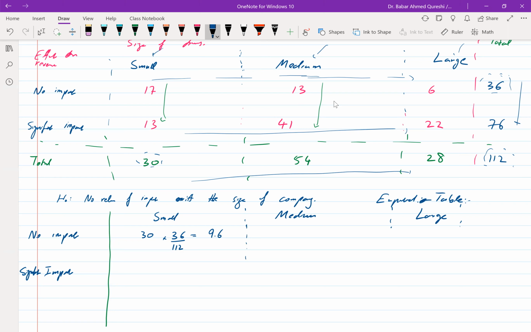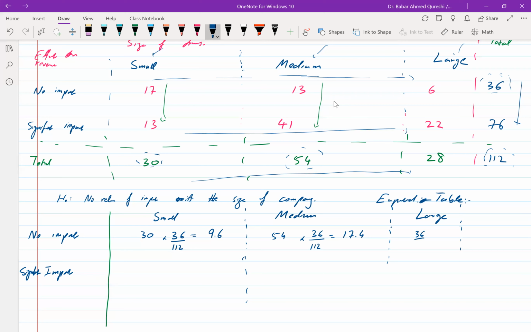Now, how will I compute this expected number? Again, I have the same probability for it, 36 out of 112. And I just look over here, how many medium firms I have, 54. So that gives me the number 17.4. This is the expected number for this.